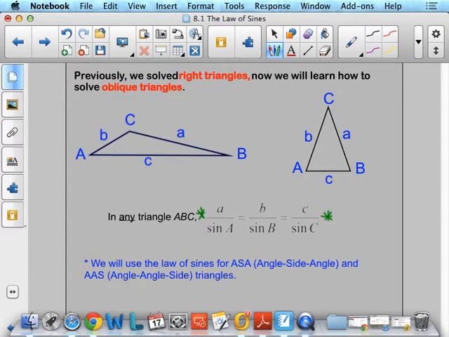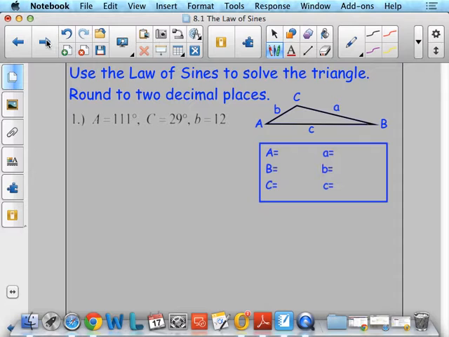Okay, we're only going to use it for an angle side angle triangle and an angle angle side triangle. So you have to be given 2 angles to use this. All right, first example. We're given capital A is 111, capital C is 29, and then lowercase b is 12.